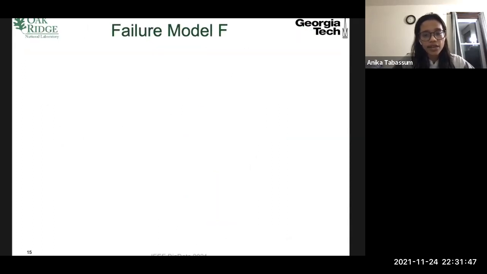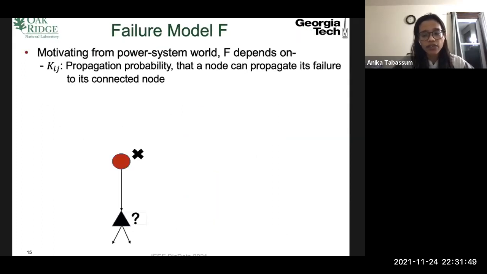Next, our failure model F is inspired from two concepts of power failures. F depends on two modules. One is propagation probability: when a node fails, the probability that its connected node also fails. For example, if the node in red fails, what is the probability that it will propagate to its child?